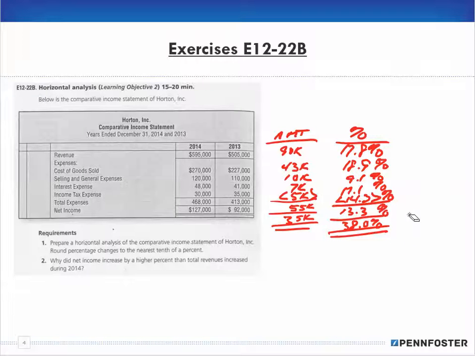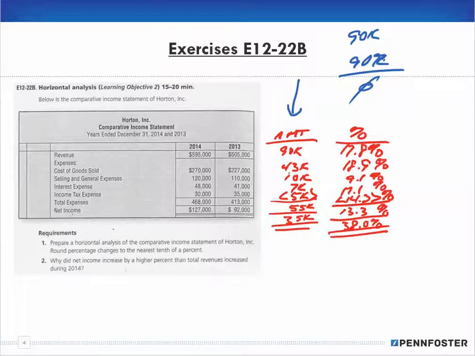Let's look at that again. I'm going to use the dollar amounts, even though we compare apples with apples by using percentages, to give you an understanding of the concept. If I have 90,000 in revenues and 90,000 in expenses, there would be no net change in my net income.